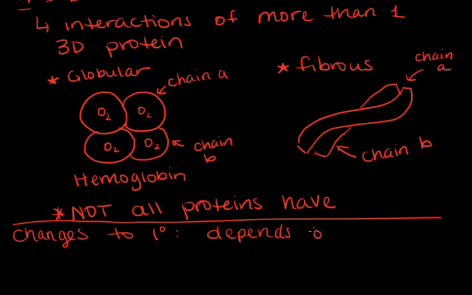Okay, because as you're changing the side chains, maybe you have a side chain that looks like this, and you change the side chain to look like this. It's basically the same thing. So this would be hydrophilic, and this would also be hydrophilic because it's got a polar part. So this type of change, hydrophilic to hydrophilic, you wouldn't expect that to change the secondary structure, or the tertiary structure, or the quaternary structure if it has one.